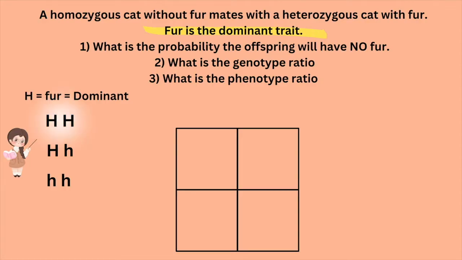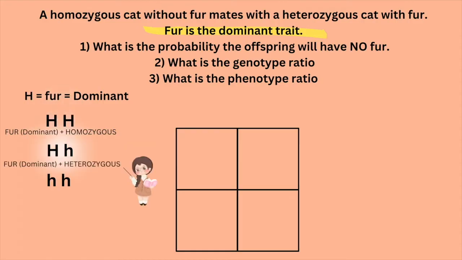Like, we know because we have two capital H's that this is dominant and it will yield a phenotype with fur. We also know it's homozygous because it has two capital H's. For big H, little h, we know this is also going to give us a phenotype of fur because there's one dominant allele present. We also know this is heterozygous because there's a capital H and a lowercase h.